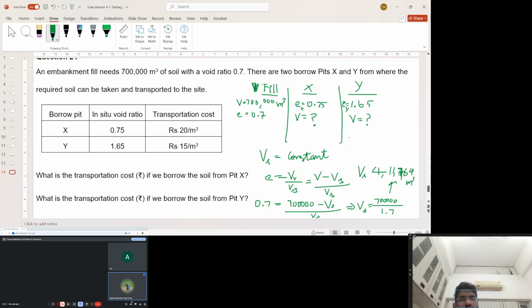So if you consider ex, 0.75 is equal to total volume minus 411,764, divided by 411,764.